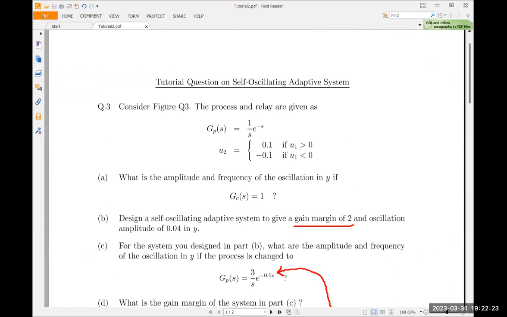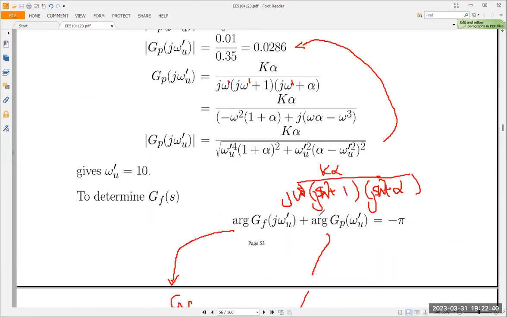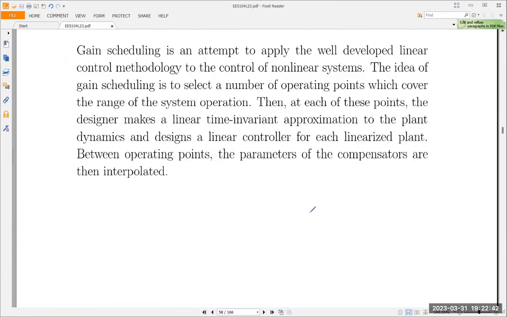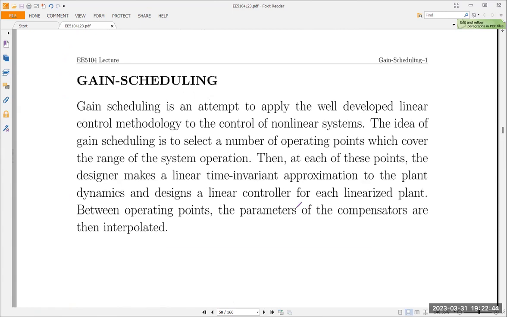Now let's go to the next topic. It's an easy topic. Gain scheduling.